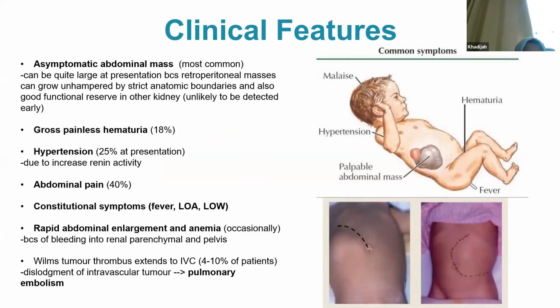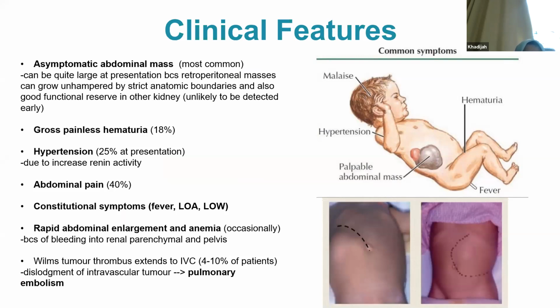Usually it can be a large mass at presentation because, as we all know, the kidney is a retroperitoneal organ, so it can grow without any strict anatomic boundaries. Also, if only one kidney is affected, the opposite kidney can still retain good function, making it less likely to be detected early.